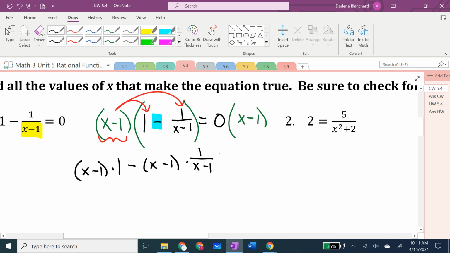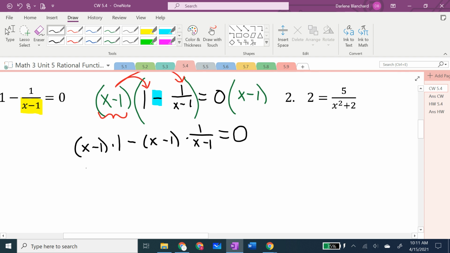On the other side, if you have 0 times x minus 1, hopefully you save yourself the pain and just go, well, that's 0. Then as you look across at what you have, you'll see multiplied by 1, no big deal. Then over here, you want to notice that this x minus 1, the whole purpose of multiplying both sides by x minus 1 was to kill that denominator.